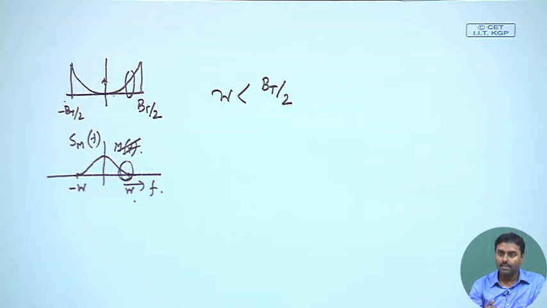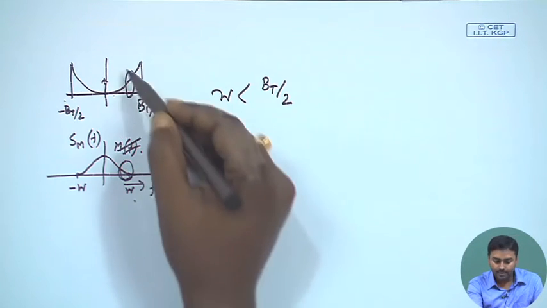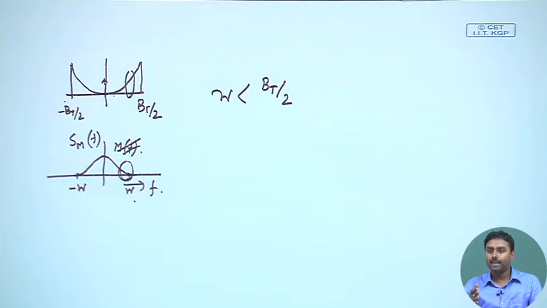So, at this frequency, concentrating on the higher frequency side of the message band, we can see the noise power is higher, whereas signal power is lower. So, maybe something can be done over here.